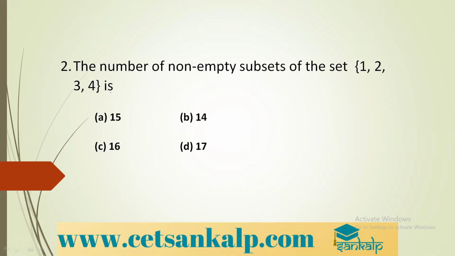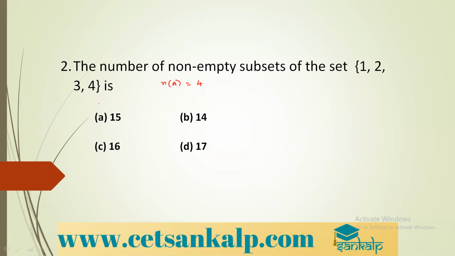The second question is similar to the first one. The number of non-empty subsets of the set 1, 2, 3, 4. So here in the set A, total 4 elements are there.